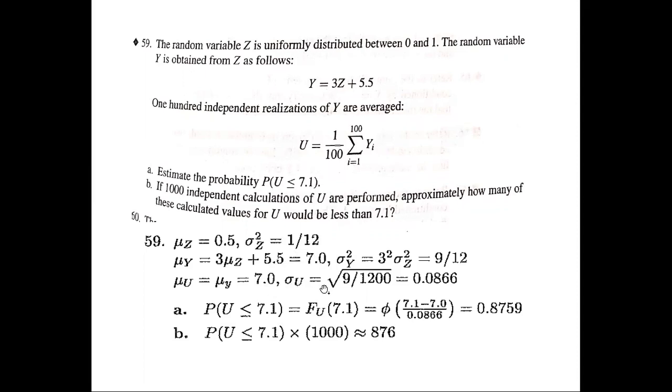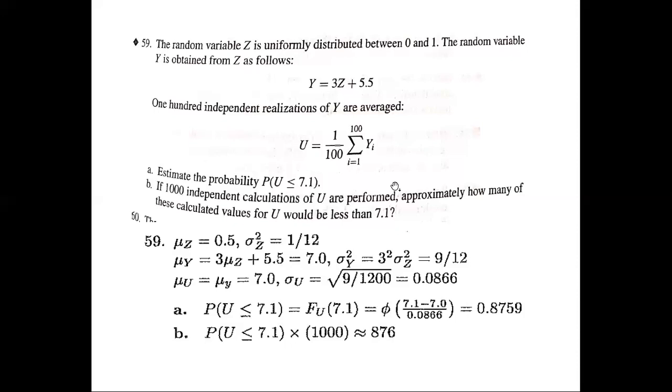Now he is writing sigma u here, the standard deviation. Please check this. This is standard deviation, not the variance. If you take variance here, then we need to consider this value divided by n. The value of n is 100.